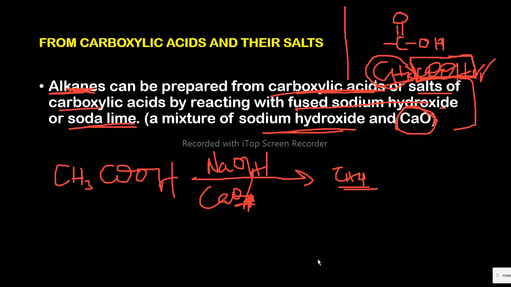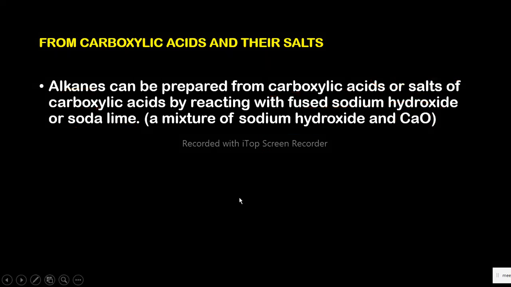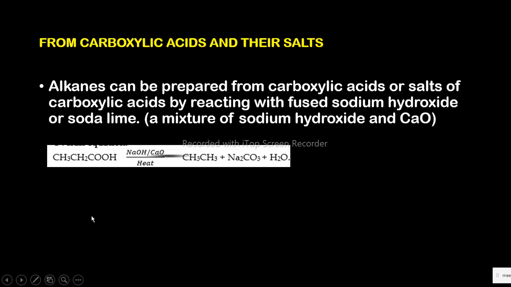That's brilliant. Let's look at some reactions. For example, you may have CH3CH2COOH, this is your carboxylic acid. And then you heat the mixture with fused sodium hydroxide, or fused soda lime.